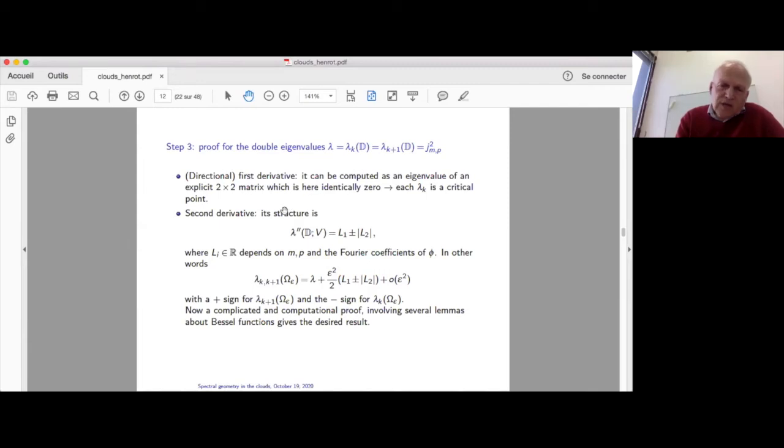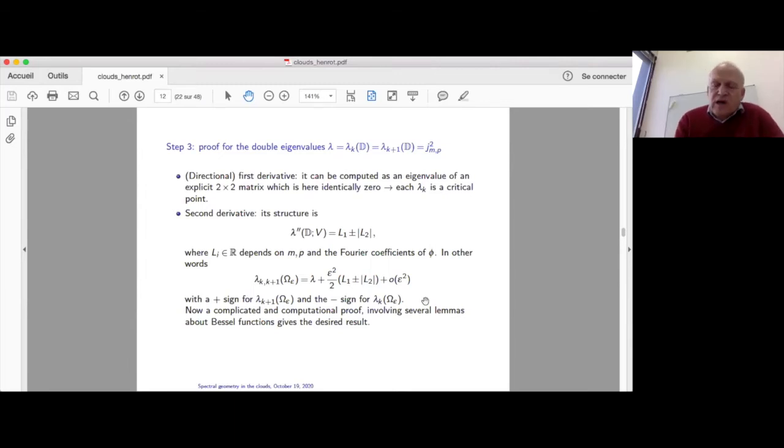And when you look at the second derivative, the structure of the second derivative is as follows. You have a second derivative which writes as some bilinear form L1 plus or minus absolute value of L2, in the sense that it provides an expansion of the k and k plus 1 eigenvalues of omega epsilon as lambda, the double eigenvalue, plus epsilon squared times this second derivative, with the plus associated to lambda k plus 1 and the minus associated to lambda k.